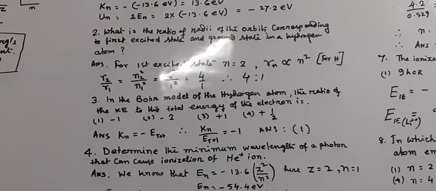Now energy for hydrogen ionization is 13.6 into 1 square, divided by energy for lithium, which will be 13.6 into 3 square. As atomic number is 3, it will give us 1 by 9. So choice number 3 is our answer.